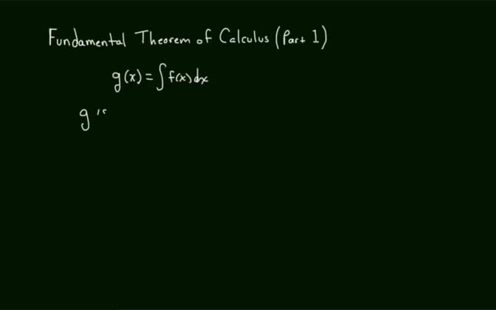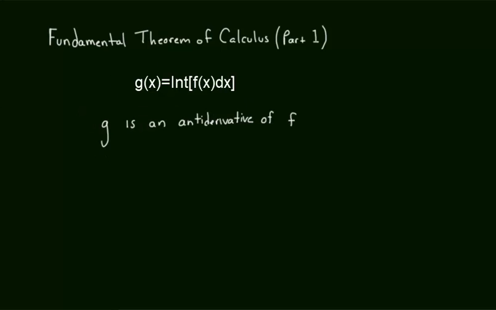G is an antiderivative of f, and f is the derivative of g. So this simple statement gives us a relationship. It gives us that g is an antiderivative of f, and f is the derivative of g.